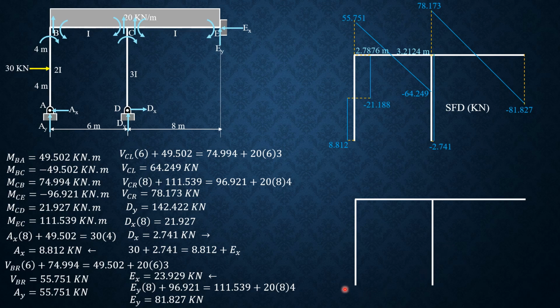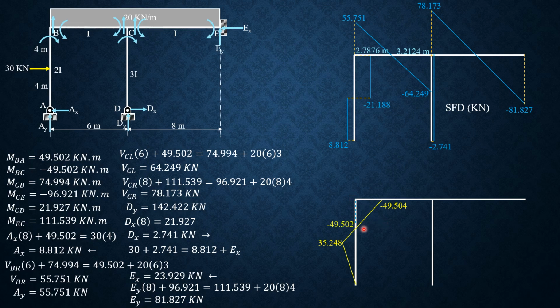So beginning with 0, then plus 8.812 times 4. So we have a straight line here. So 8.812 times 4 is 35.248. Then minus this area, 21.188 times 4. So you'll have negative 49.504 as the moment BA or BC.